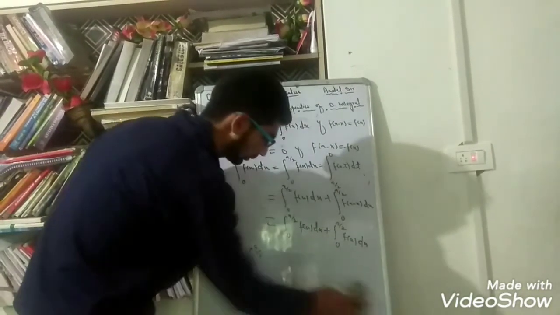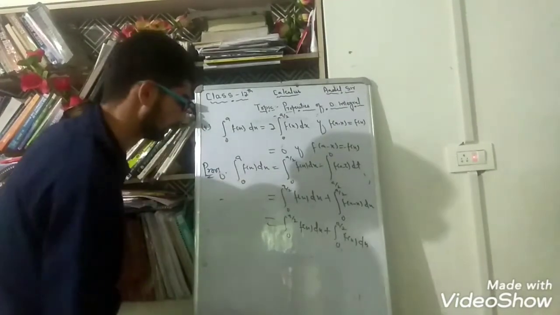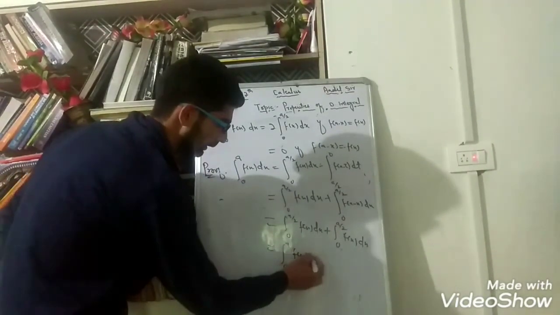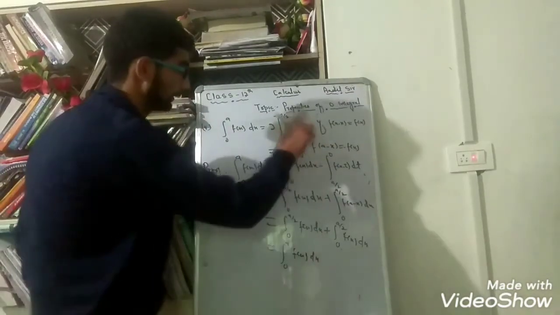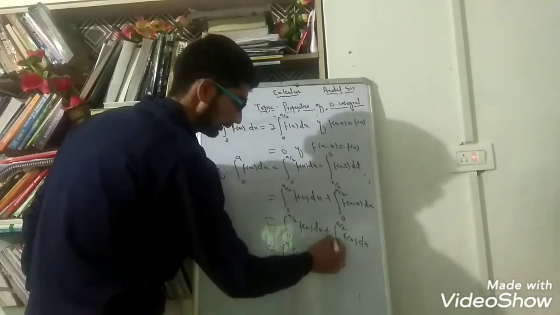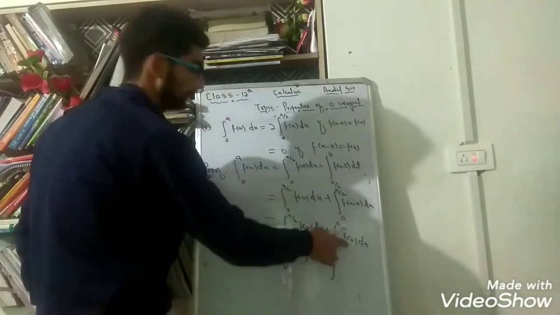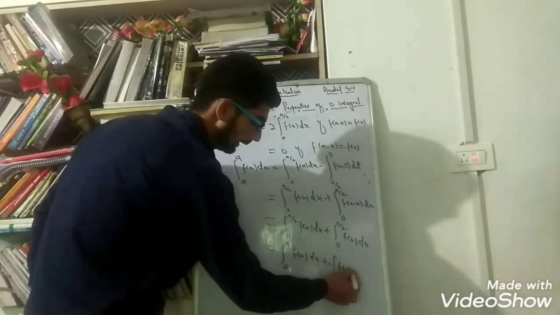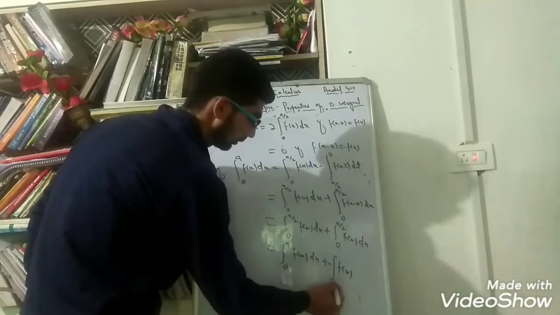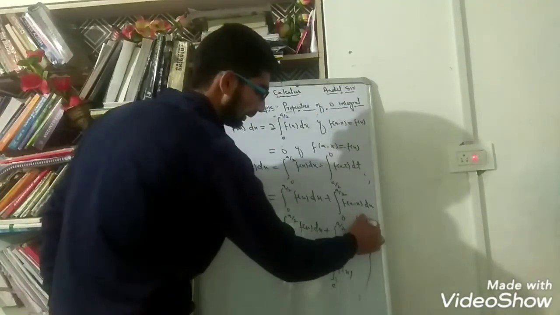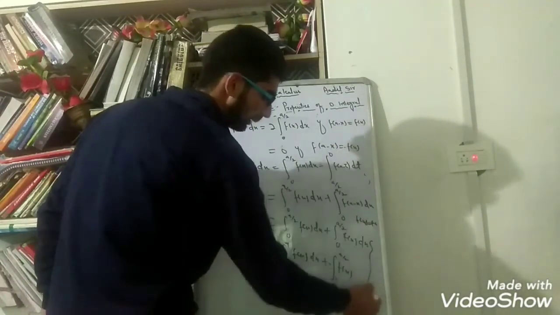But it is also equal to the integral from 0 to a of f(x) dx plus the integral from 0 to a/2 where f of a minus x is minus f of x. These two conditions hold when f of x is equal to f of a minus x, and f of a minus x is equal to minus f of x.